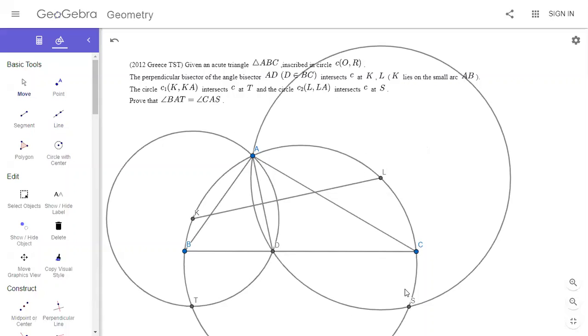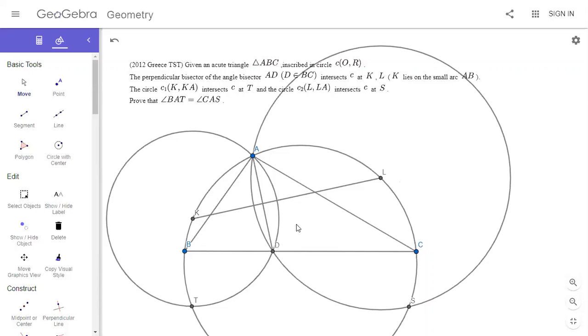So angle TLK is the same as angle TAK. I'm just trying to think. We want to show TLK is equal to DLK, right?